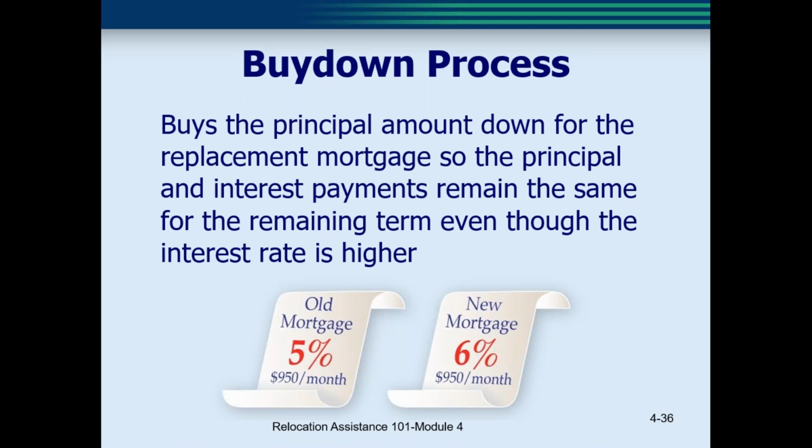The difference between their current loan balance and the lower principal balance is what we would pay them. They could then use this amount to buy down their principal at the replacement site to maintain the same monthly principal and interest payment and the mortgage term.